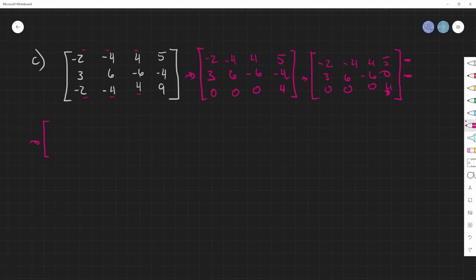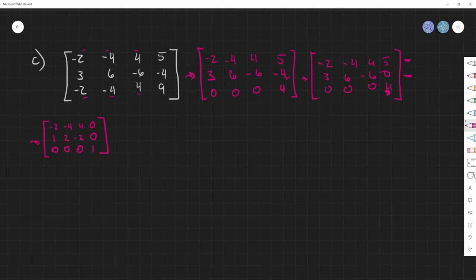So what we're going to end up getting is 0. Oh, and then divide 4 by 4: 0, 0, 1. And this would be 2, not 2, since I divide by 3: 1, 2, -2. This is 0. And then this would be -2, -4, 4, 0.